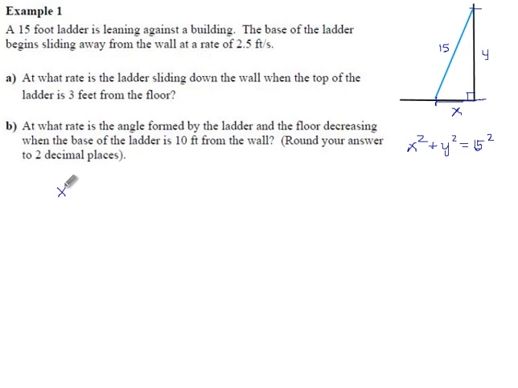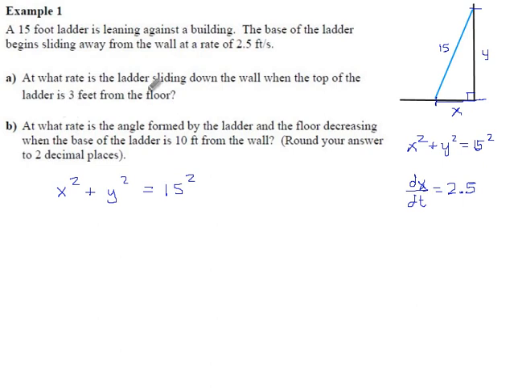So let's get this over here and let's do some calculus to it. What they're saying when the ladder slides away from the wall at 2.5 feet per second is that x is changing at that rate. dx/dt, the rate at which x is changing with time, is positive 2.5. x is going up by 2.5 feet every second.